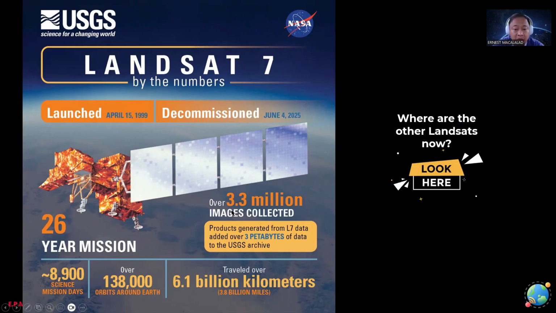It collected over 3.3 million images, which is equivalent to 1,900 mission days with over 130,000 orbits around the Earth. That means it has traveled about 1.6 billion kilometers in its mission life of 26 years.